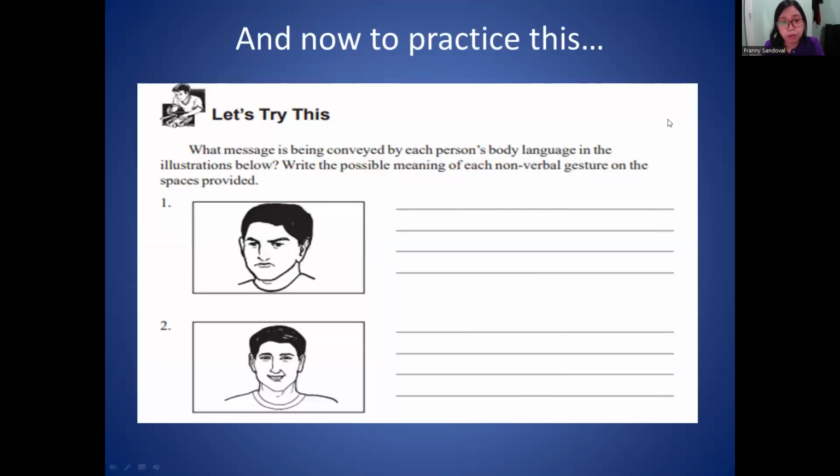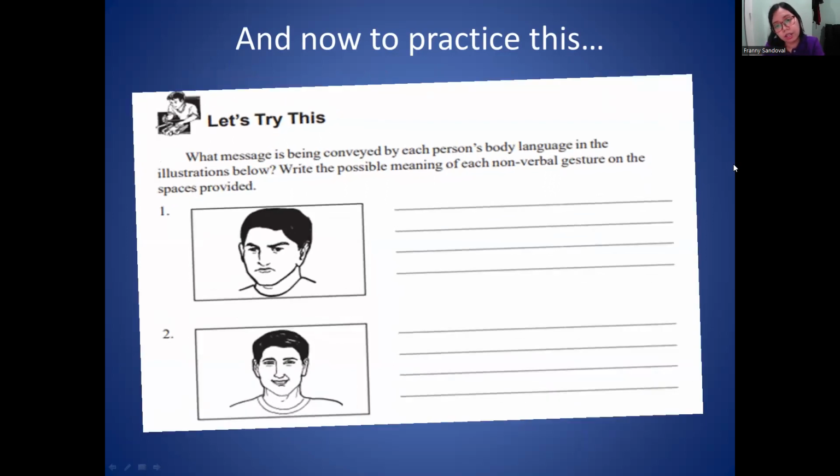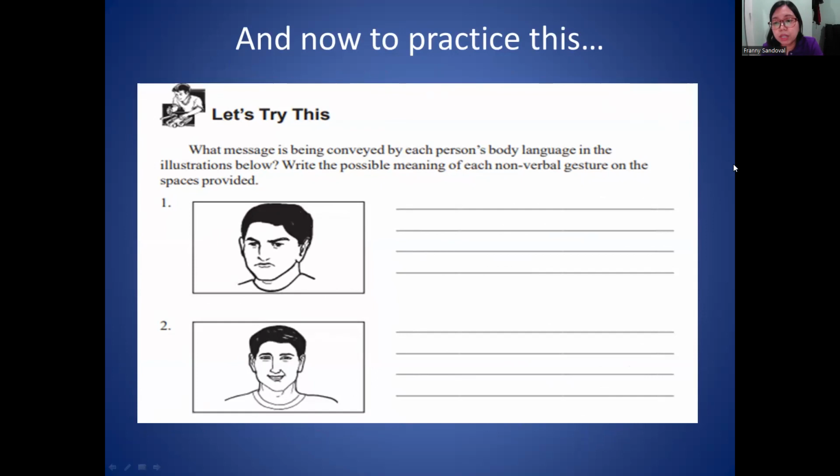And now, to practice what we learned, let's try this. What message is being conveyed by each person's body language in the illustrations below? Write the possible meaning of each nonverbal gesture on the spaces provided.